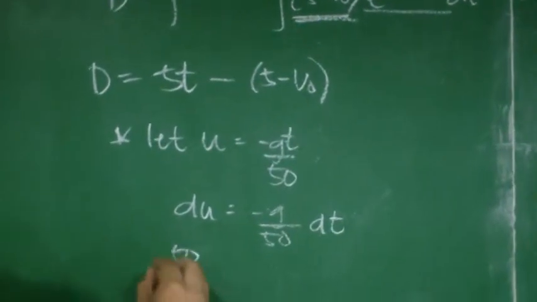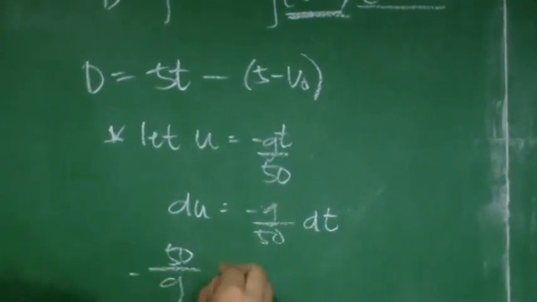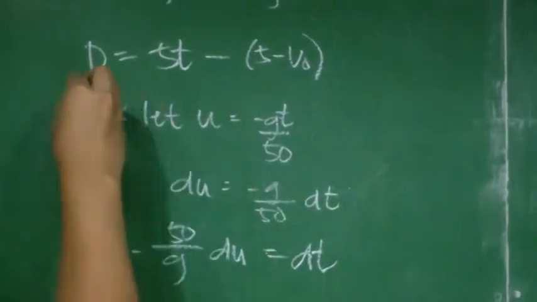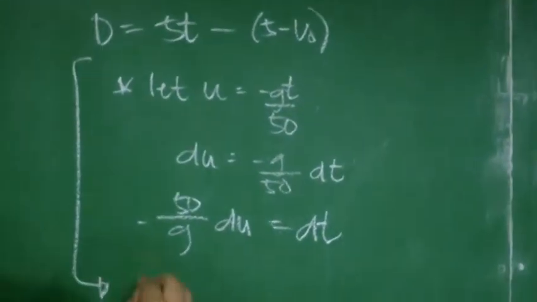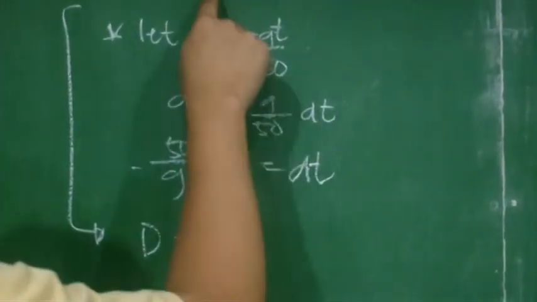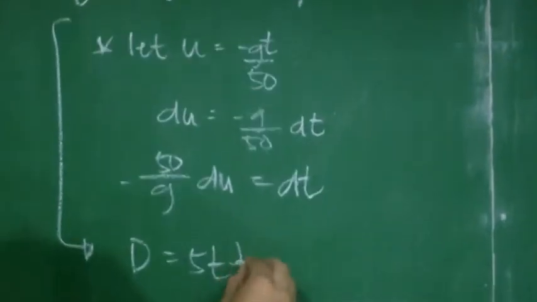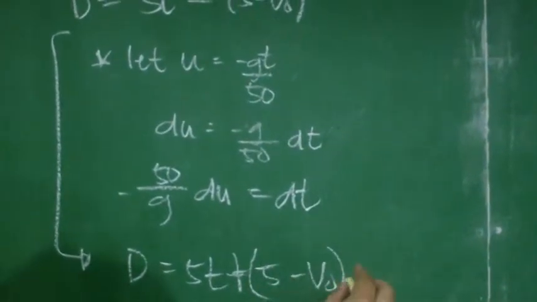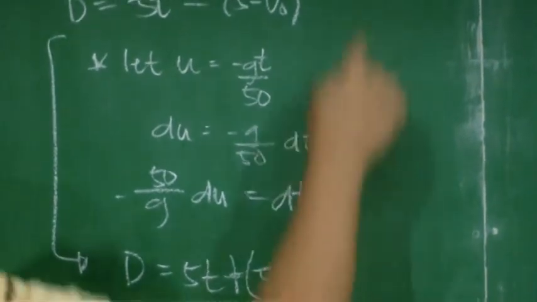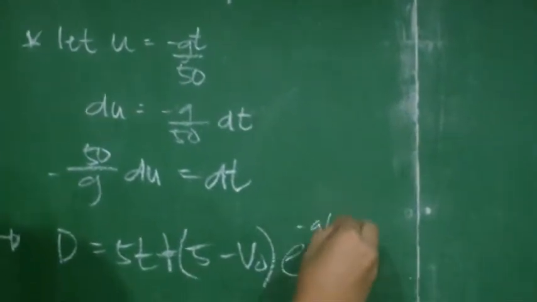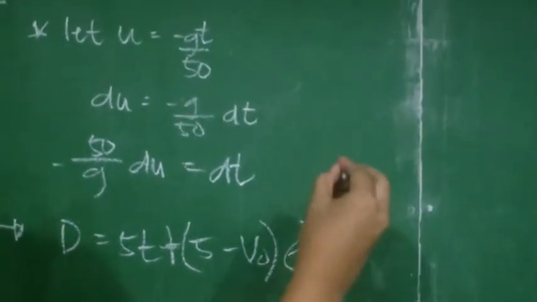Simplifying further, we have 50 over negative g du is equal to dt. So now d is equal to 5t plus (5 minus V0) times the integral, we have e to the negative gt over 50.